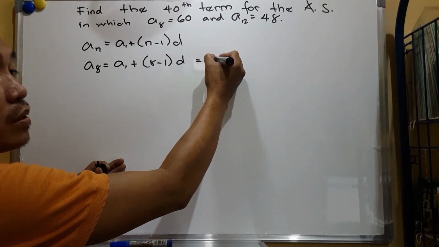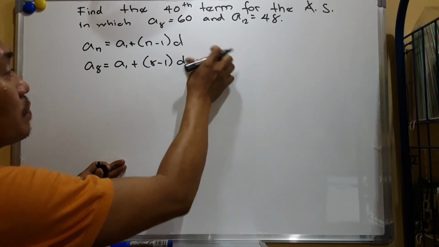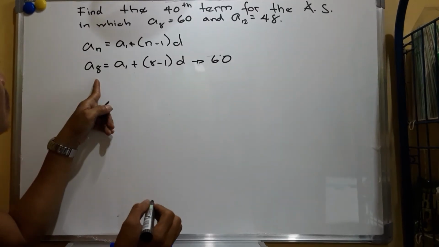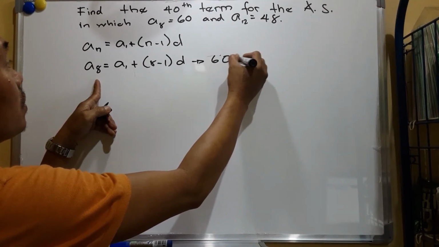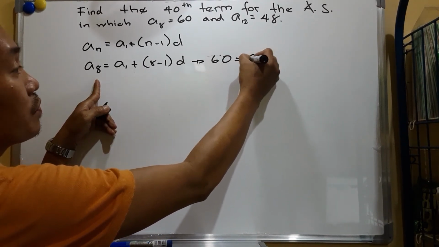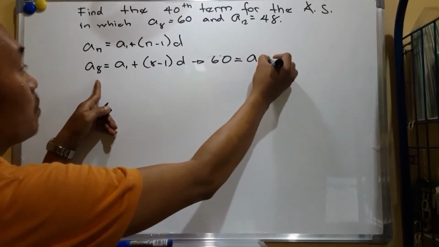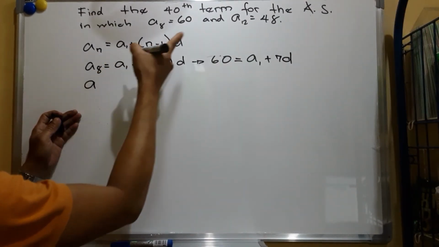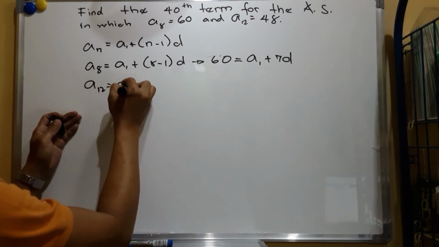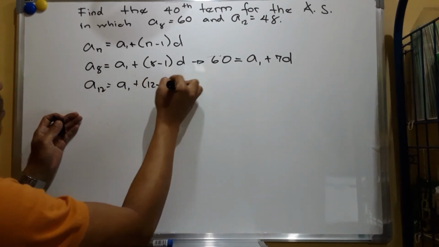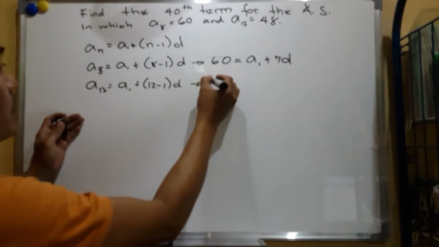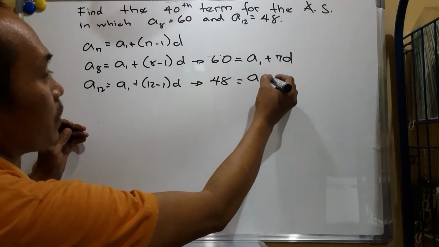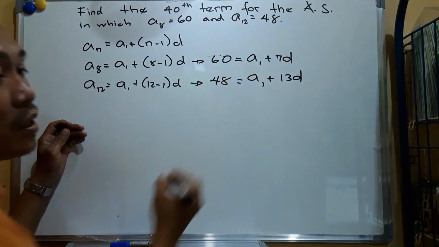This becomes a sub 8 is 60, which is equal to a sub 1 plus 7d. Another one is a sub 12 is equal to a sub 1 plus 12 minus 1 times d. This is a sub 12 is 48, so a sub 1 plus 11d.